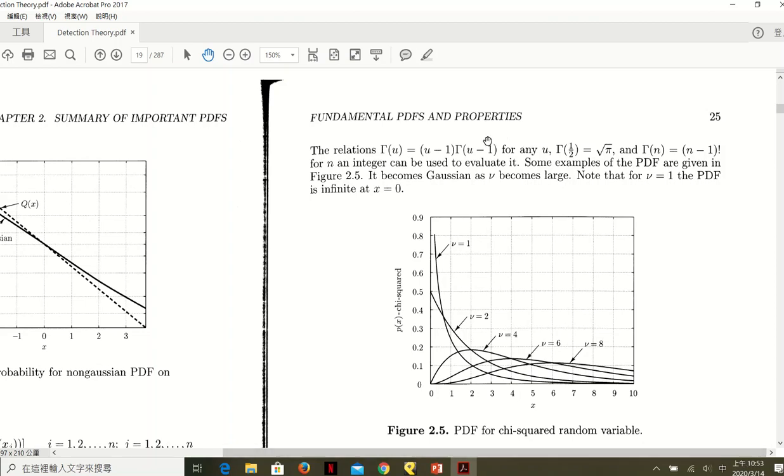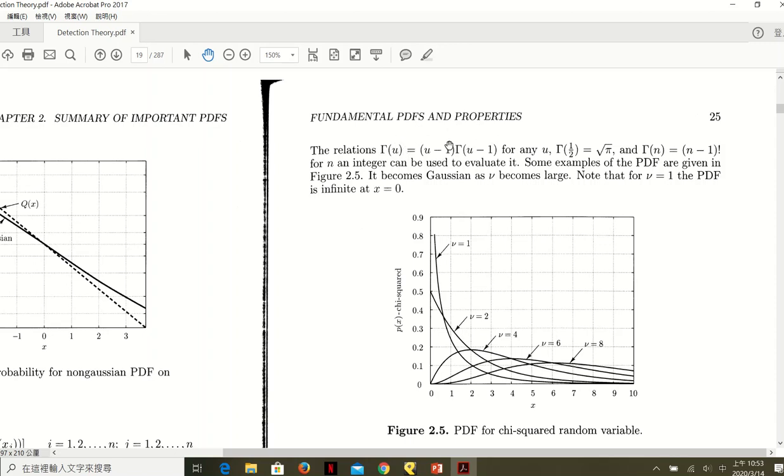Then the gamma function can be written in this iterative form, which is gamma of u equal to u minus 1 times gamma of u minus 1. So if you have, let's say, gamma of 5, then you plug it into this equation, you get gamma of 6, you get gamma of 7, and so on and so forth.